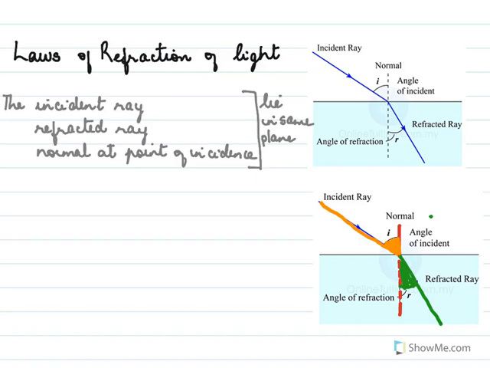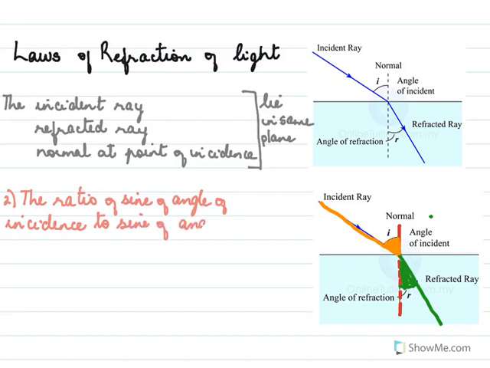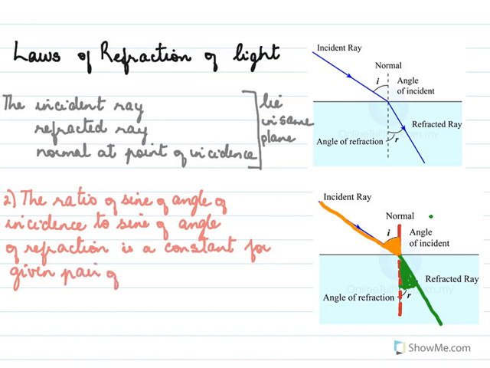The second law of refraction states that the ratio of sine of angle of incidence to the sine of angle of refraction is a constant for a given pair of media and a given color.